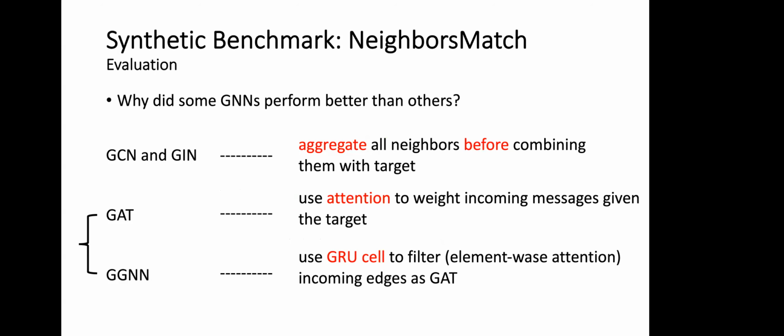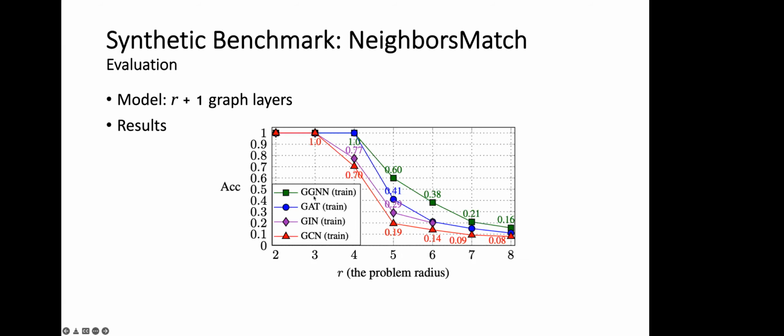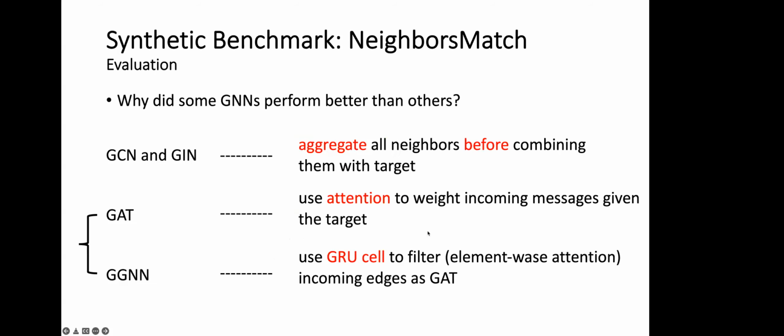So let's consider why some GNNs performed better than others. As we can see here, clearly GGNN and GAT perform a little bit better than GIN and GCN.